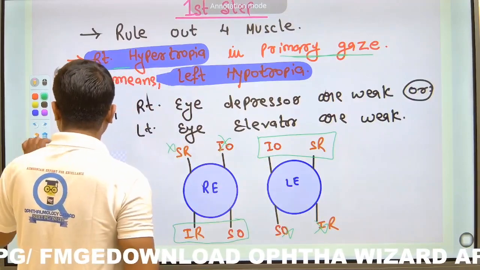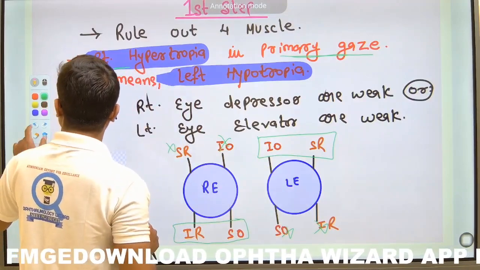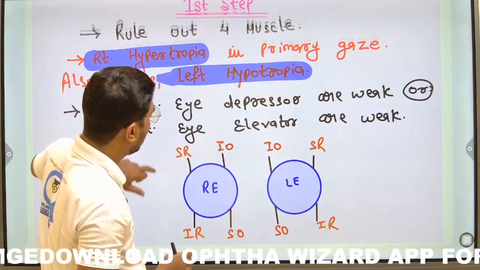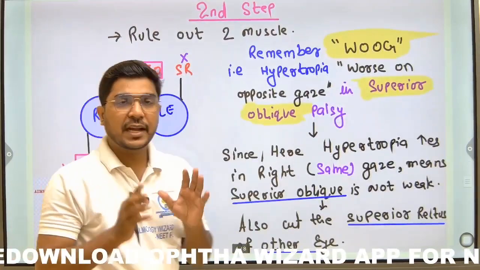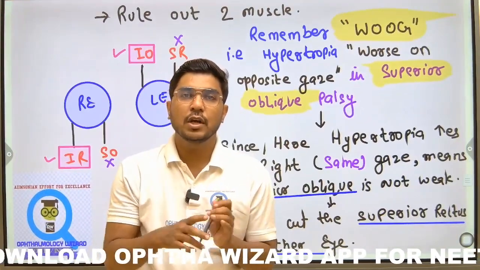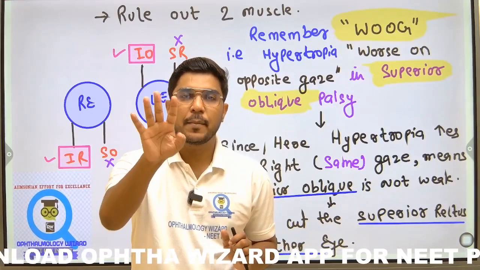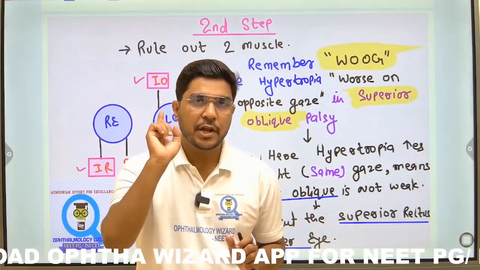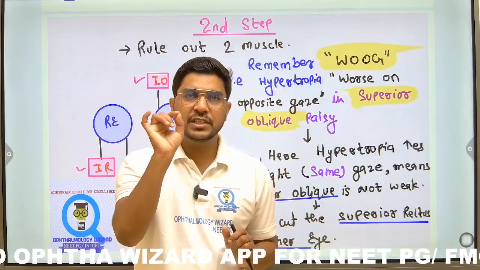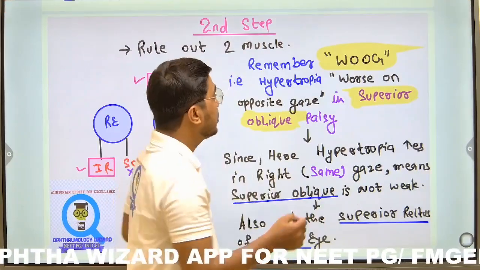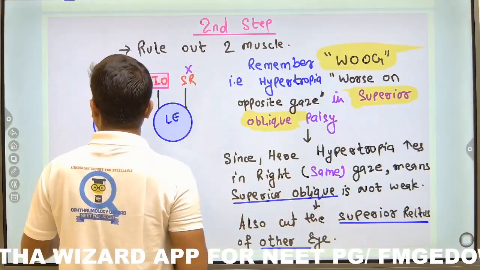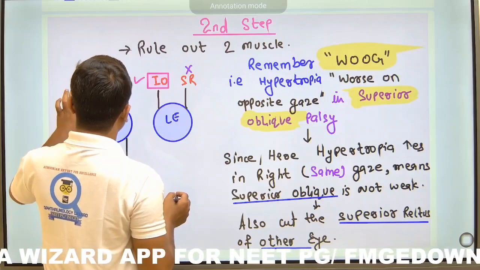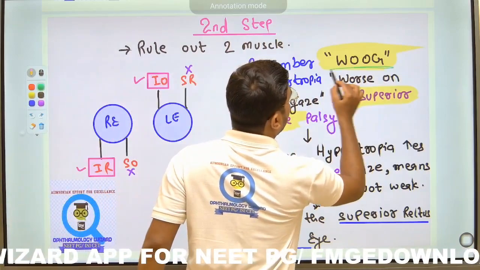Coming to the second step. The second step is done to rule out 2 extraocular muscles among the 4 extraocular muscles. Now at this point, you just remember one thing, that is VOOG.